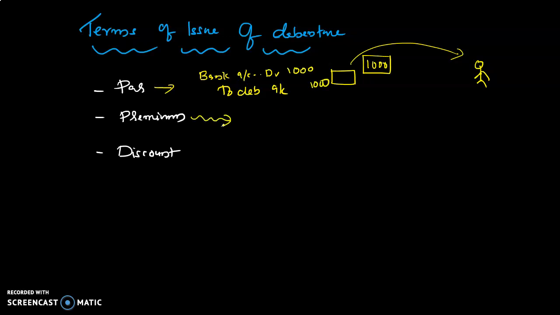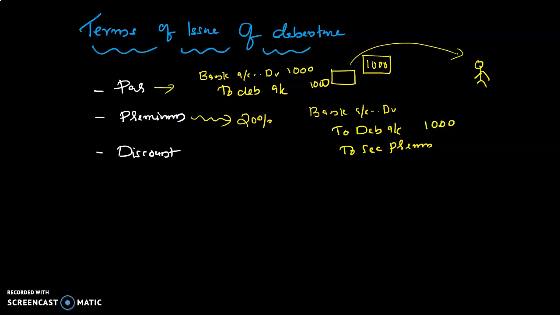When these debentures are issued at a premium of 20%, the journal entry will be bank account debit to debenture account and to securities premium account. So 1000 rupees is the face value of the debenture, so it will be transferred to the debenture account.